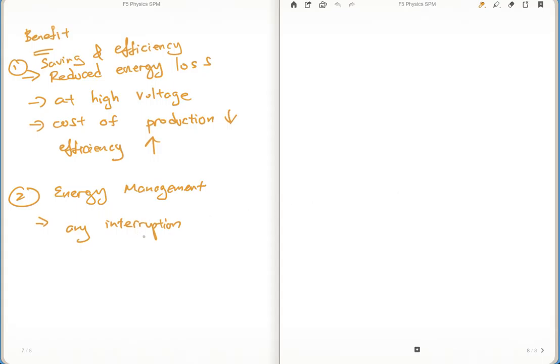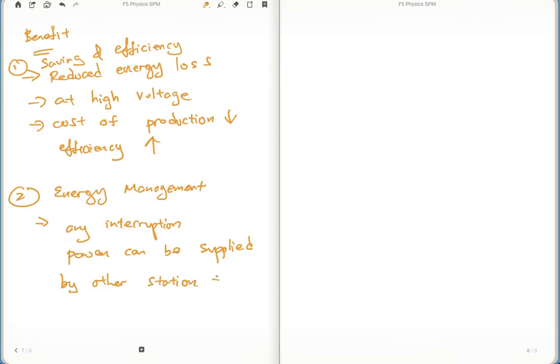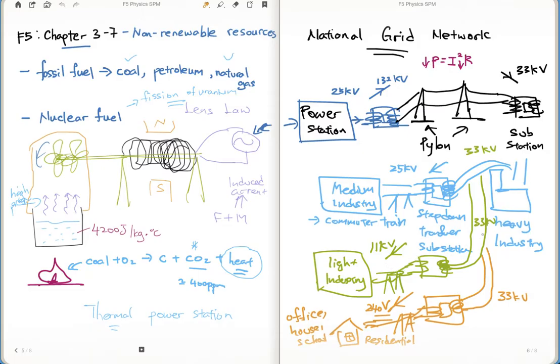Any interruption, the power can be supplied by another station to the affected area. So meaning, in the event this line is broken, you are able to channel from here to there. Okay, so that's what it means.